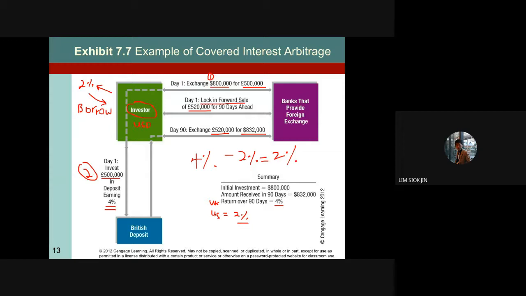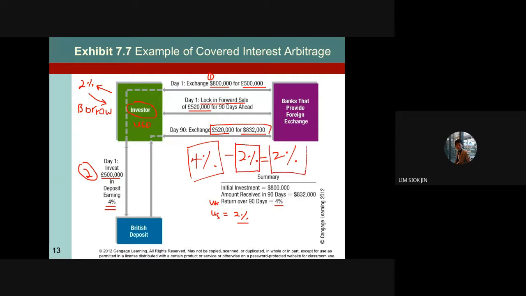But there's only one condition. You need to lock in the forward rate to make sure that in the future, when you convert back whatever earnings you make in the UK, you will get back enough to cover your borrowing in US dollars. So let's say you earn 4% in the UK, and your cost of borrowing in the US is 2%.